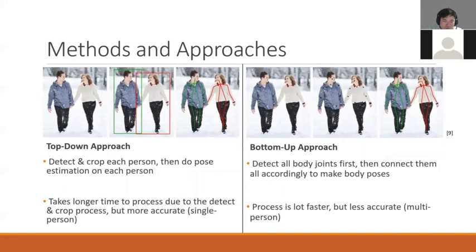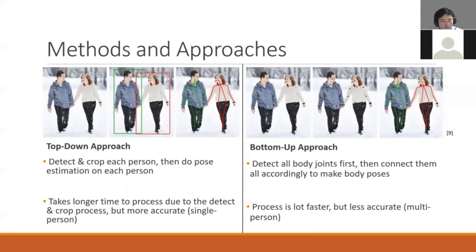There are many different methods and approaches that perform human pose estimation, and they are all simultaneously making advancements since they all have pros and cons with different purposes. To begin with, let's talk about top-down and bottom-up approaches, which are the main two approaches of the 2D human pose estimation that are both still valid.